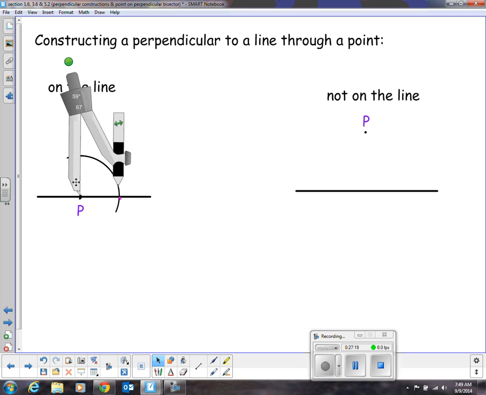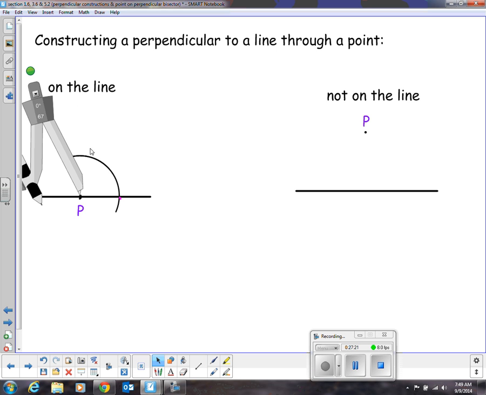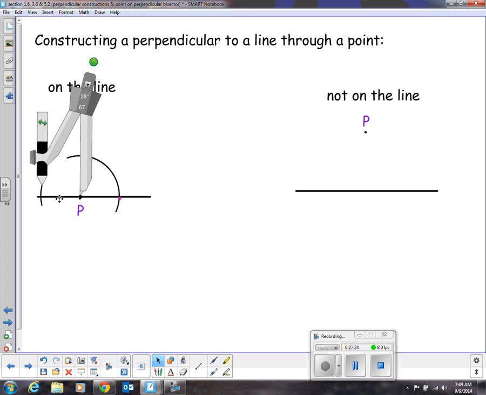And then leaving this opening, you're going to turn your compass and make an arc over there. So you make a second point on your segment. You put your compass point on the point and you intersect your segment on each side of P. Okay, but you've got to extend your segment.